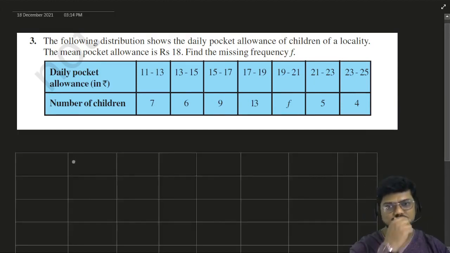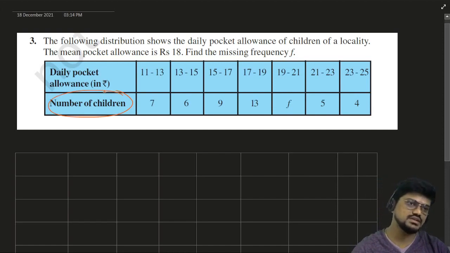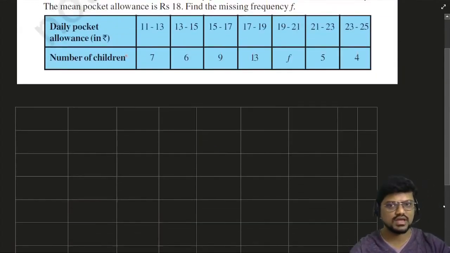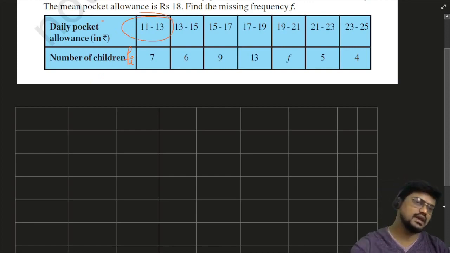They have given daily pocket allowance and number of children. So which one is the frequency in this? Number of children. Exactly. Whenever they give you some numbers, there will be a count, so that count will be your fi value, and from this we will be taking the xi values.